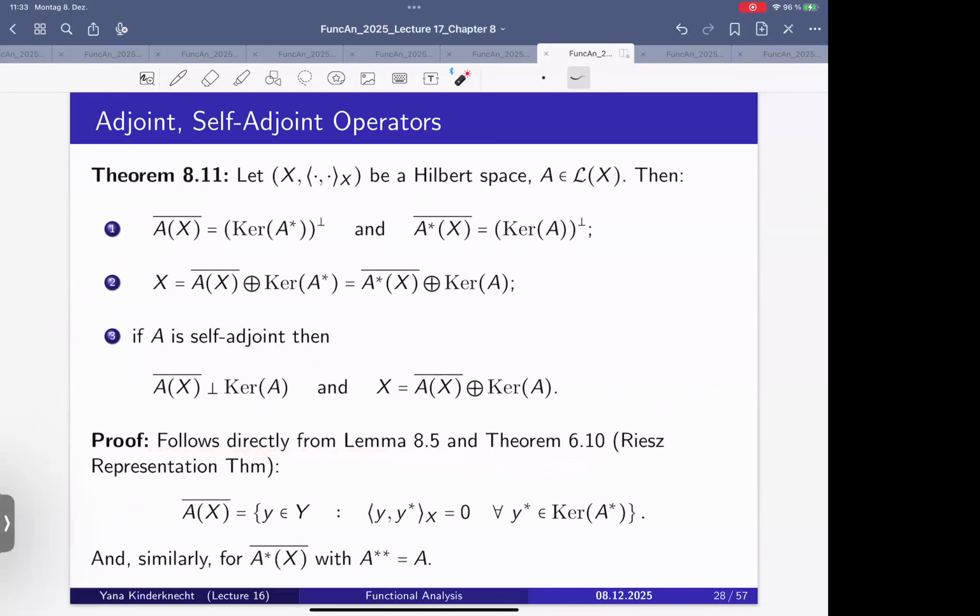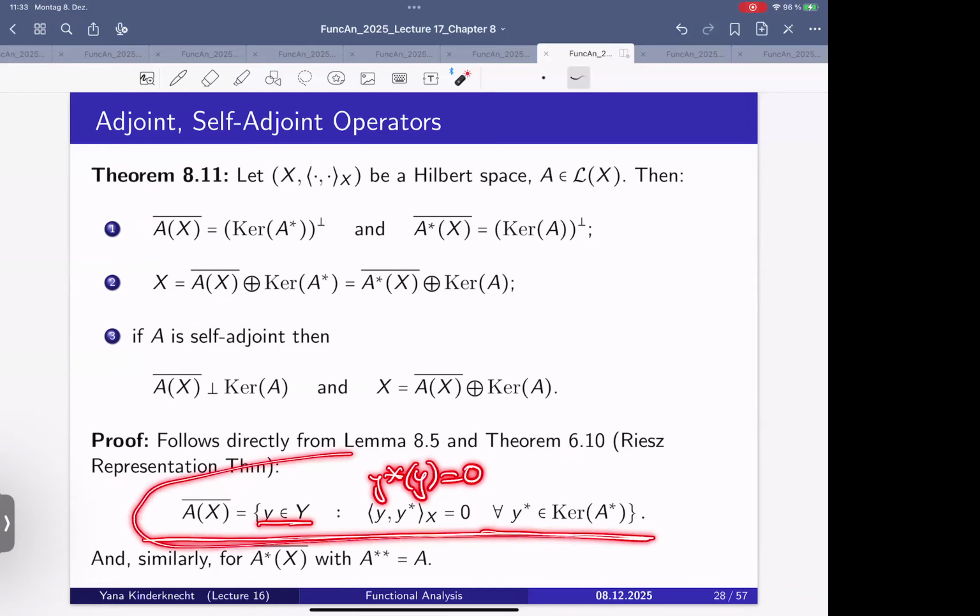It follows directly from Lemma 8.5 and Theorem 6.10, which was the Riesz representation theorem about the Riesz isometry. Namely, Lemma 8.5 claims that this guy is just the set of all y such that we have this statement.